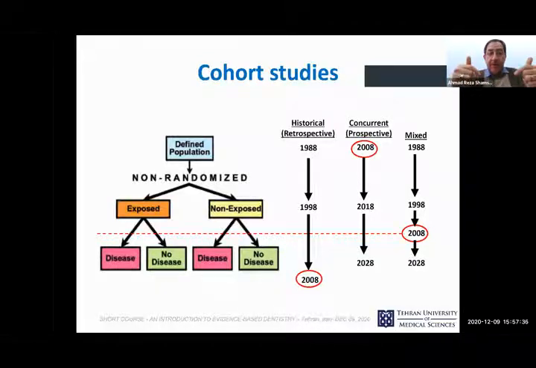The direction of the study in cohort studies is from the exposure to the outcome.